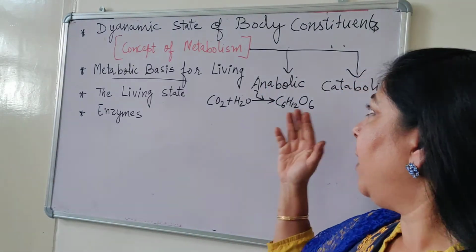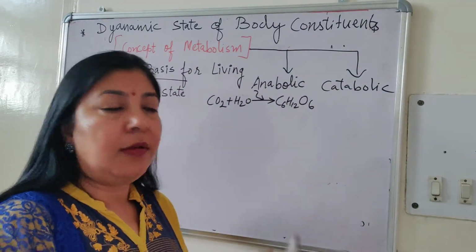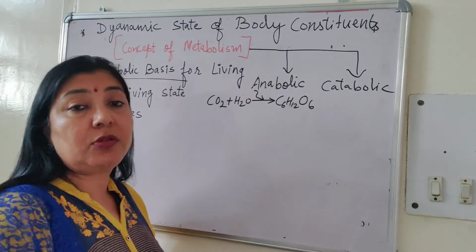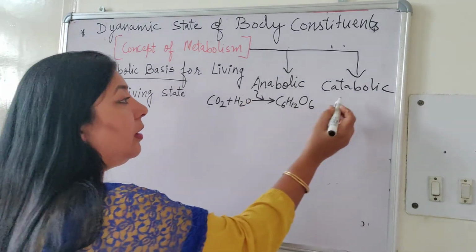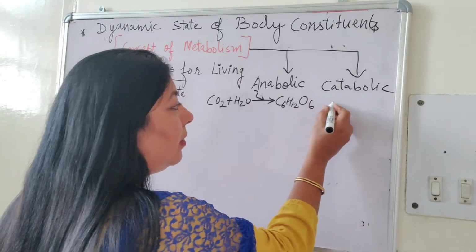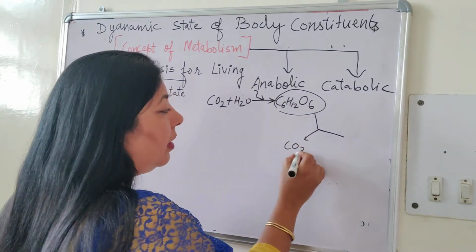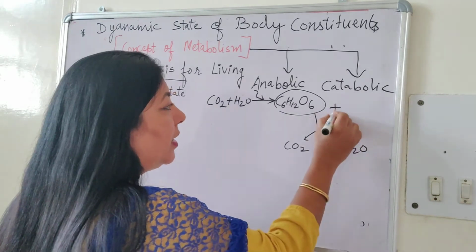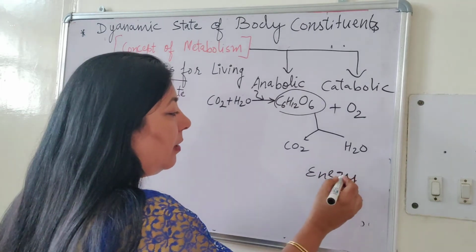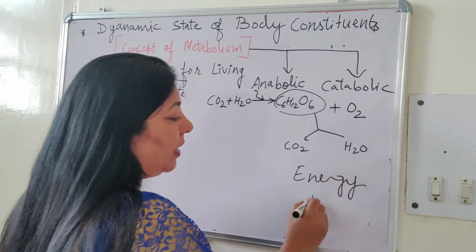Likewise, catabolic reactions are the opposite. When bigger molecules break down into smaller ones and release energy, that is called a catabolic reaction. In respiration, it's the opposite of this: glucose breaks down into carbon dioxide and water in the presence of oxygen, and it releases energy in the form of ATP.